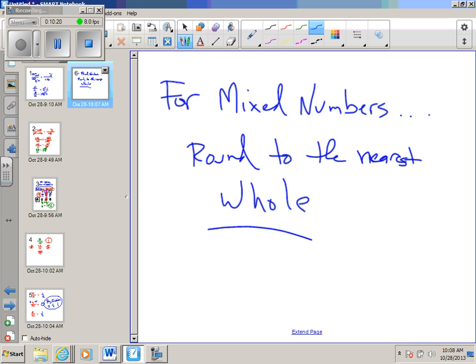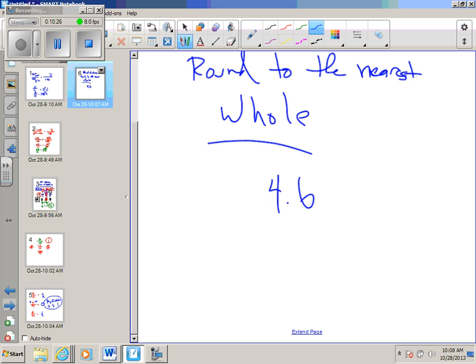When you round any time, say you had 4.6, 4 and 6/10, and I told you to round to the nearest whole. What would 4.6 or 4 and 6/10 become? 5? How did you know it was 5 and it didn't say 4? What was the rule? What was the magic that turned it into a 5?